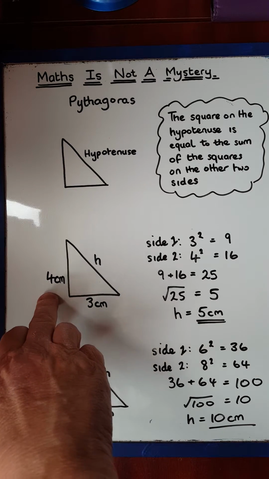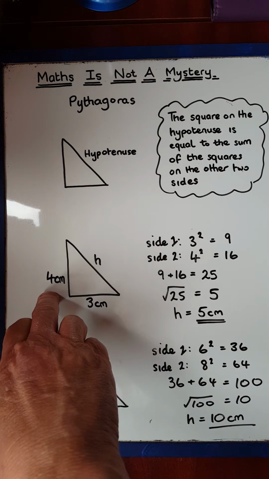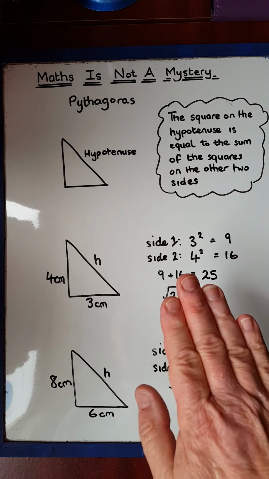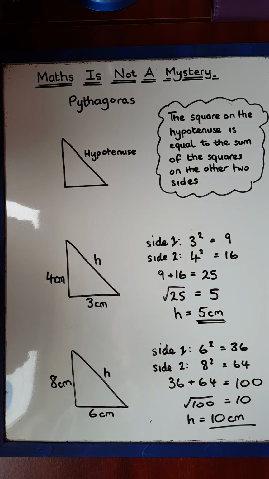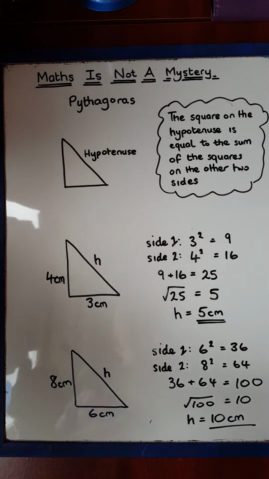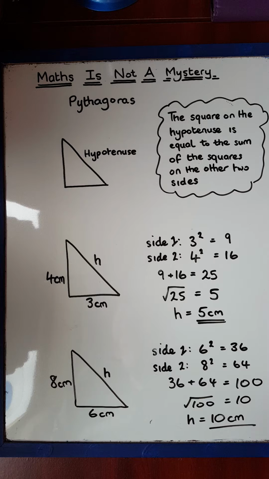We take the second side and we square it. We then either add or subtract. We add if we're trying to find the longest side. We subtract if we already know the longest side and we're trying to find a shorter side. Whatever we do, we get an answer and find a square root of it. And that completes it. That's Pythagoras.